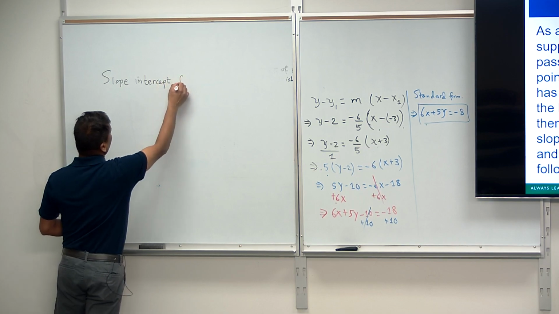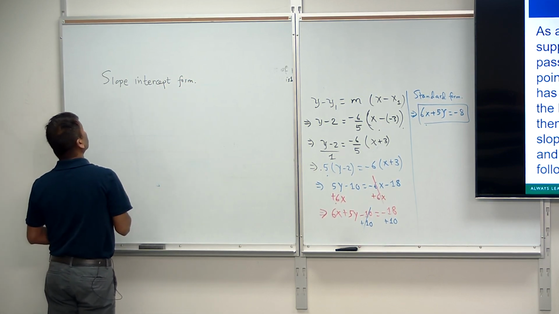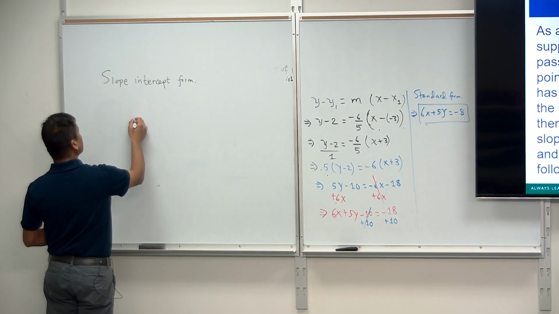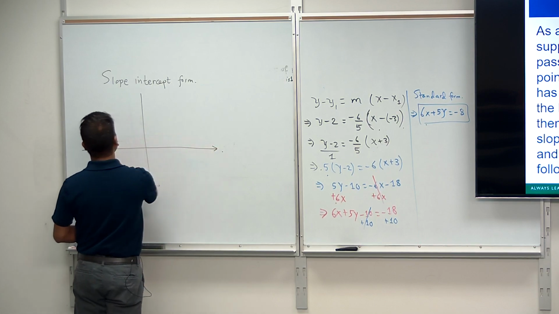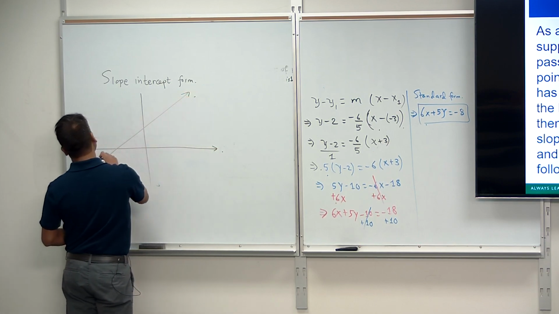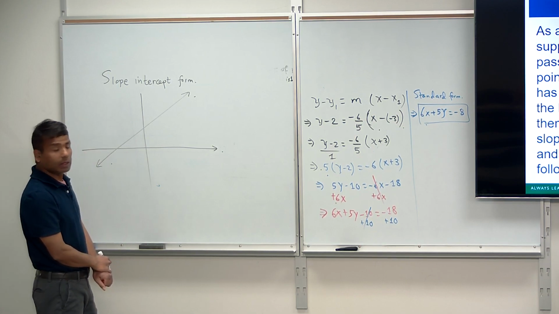Slope-intercept form. So what they are trying to do here is, let's say you have a line like this. What is the y-intercept?